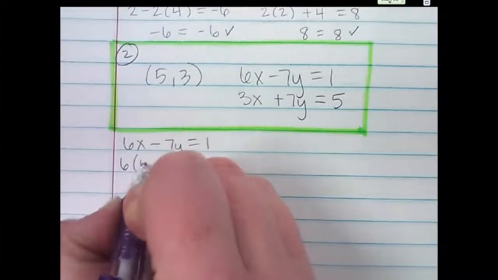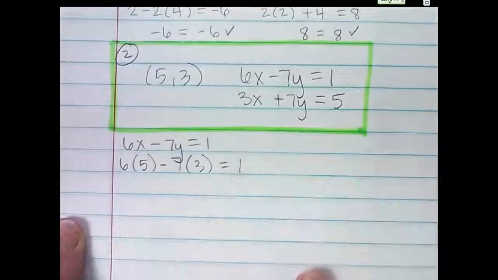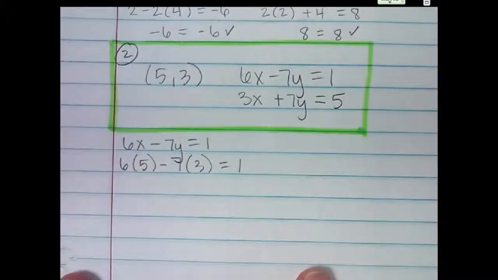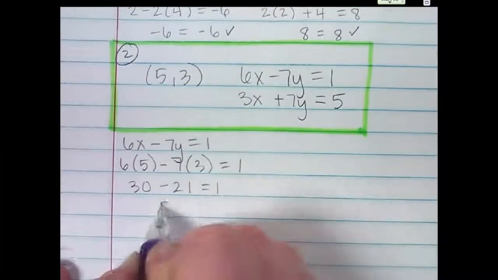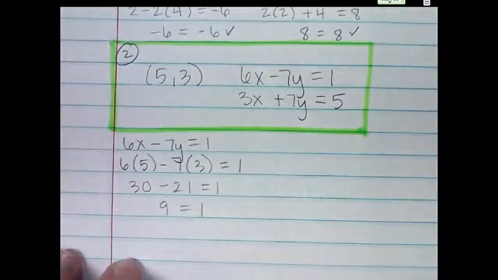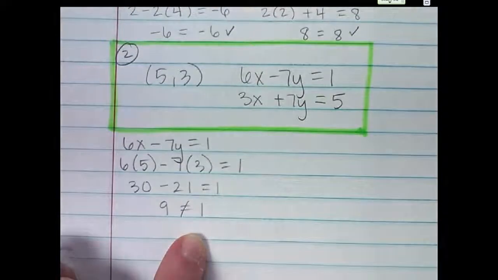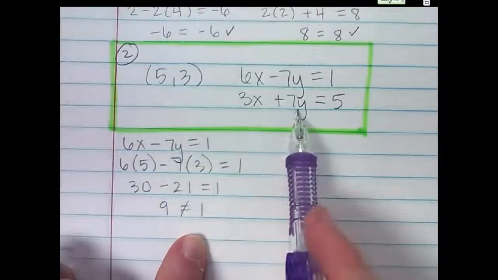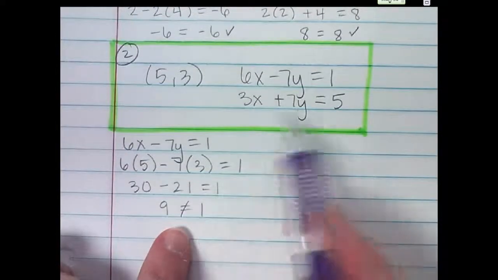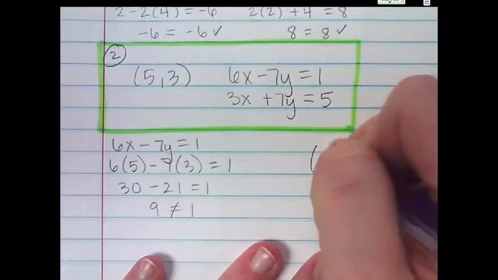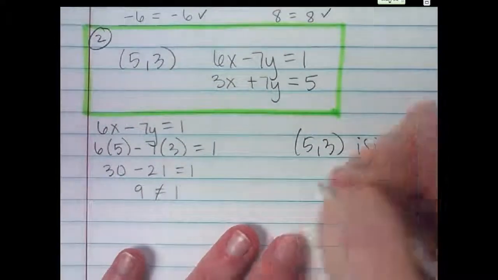So 6 times 5 minus 7 times 3 equals 1. 30 minus 21. So you should get 9 on the left side and 1 on the right side. So do I need to check this point in the other equation? No, if it doesn't work in this one, it doesn't matter about the second one. So I'm just going to say 5,3 is not a solution.